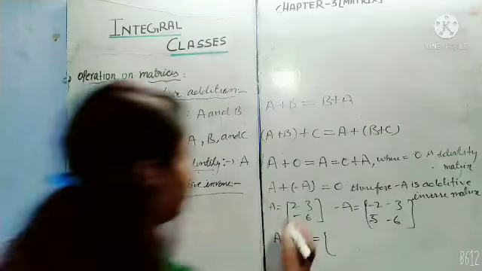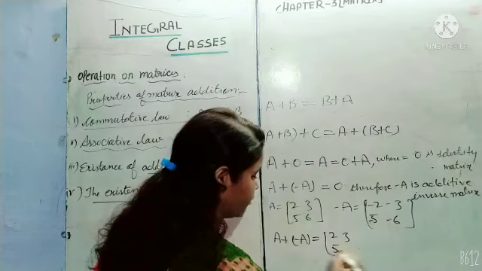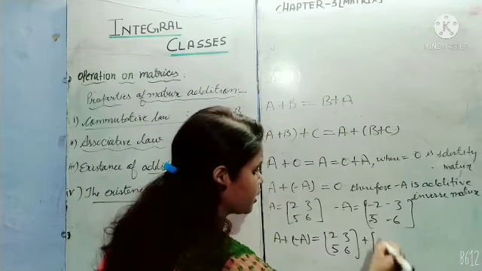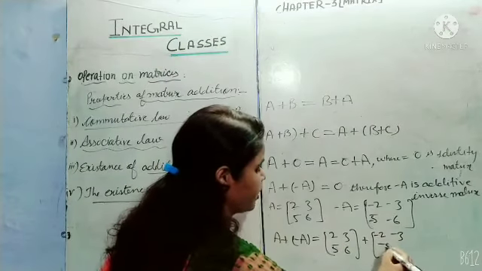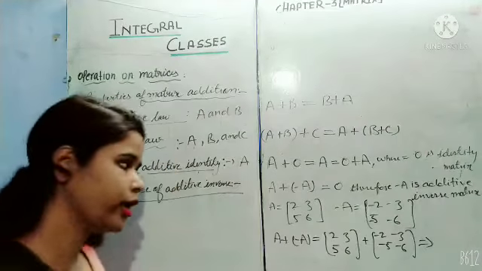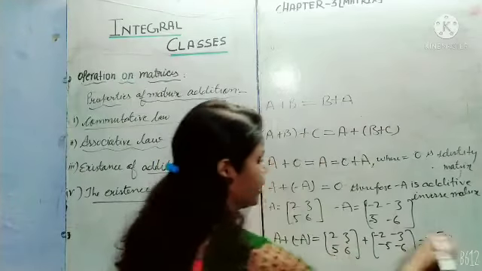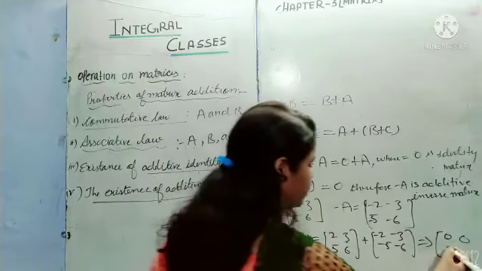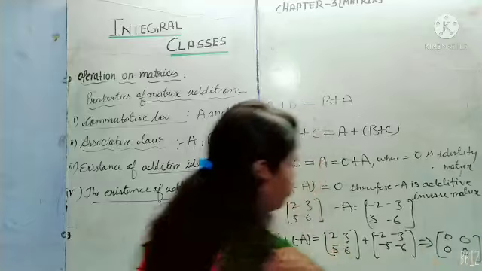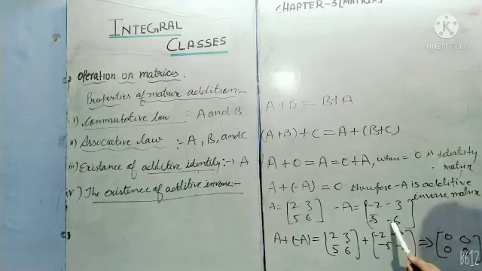If we add 2, 3, 5, 6 plus minus 2, minus 3, minus 5, minus 6, we add only corresponding elements. 2 minus 2 is 0. 3 minus 3 is 0. 5 minus 5 is 0, and 6 minus 6 is 0. So 0 is the additive identity and minus A is the additive inverse matrix of A.